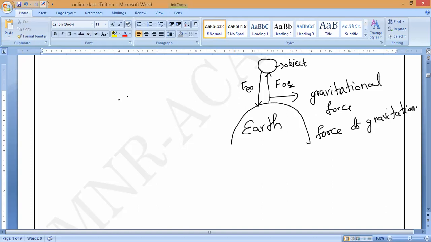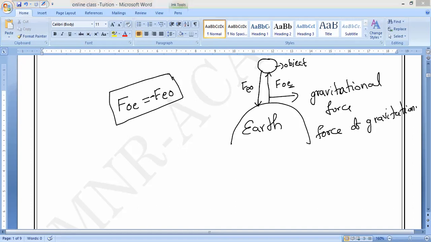That is why we can say Newton's third law is also applicable for gravitation, force of gravitation. That is what you should remember. So in the case of force of gravitation also, Newton's third law is applicable or not? Yes, sir.